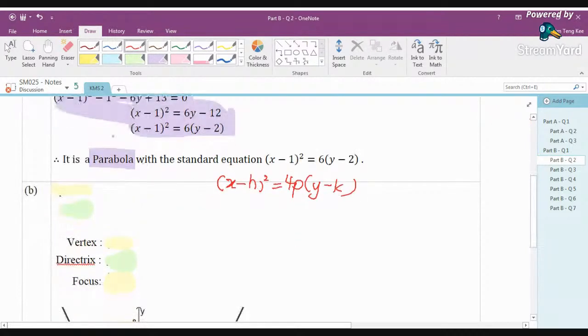We compare the standard form with this one, where you find that h, k refers to the vertex. For the directrix and focus, I need to find the corresponding p value first.